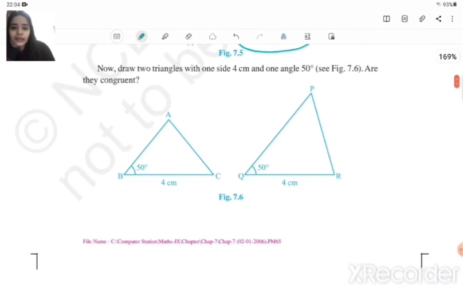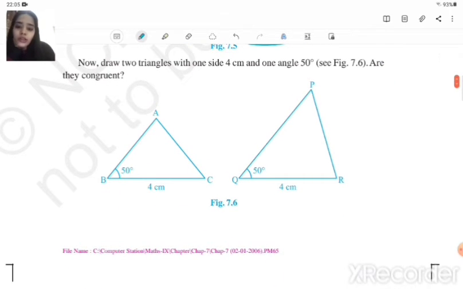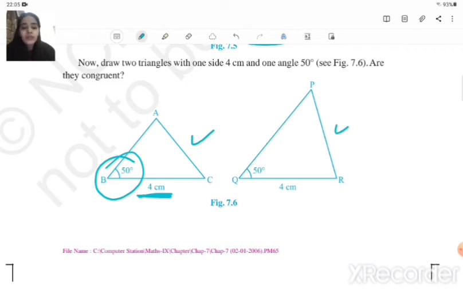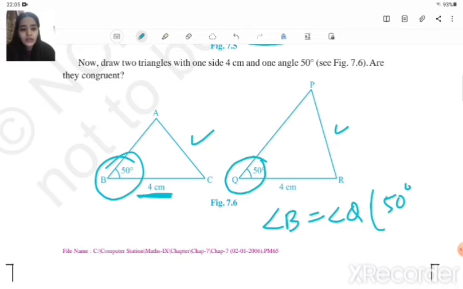Like in the next case, in the first triangle the angle B is 50 degrees and the side BC is of 4 centimeters, right? So we have to compare whether this ABC is congruent to PQR. Angle B is equal to angle Q, we can see each 50 degrees, right?